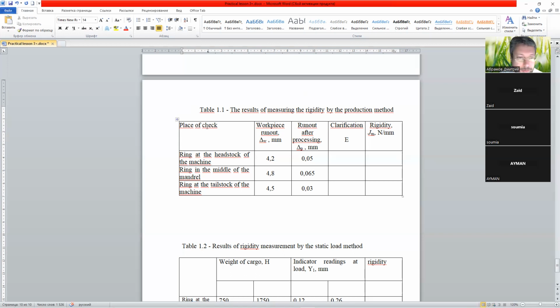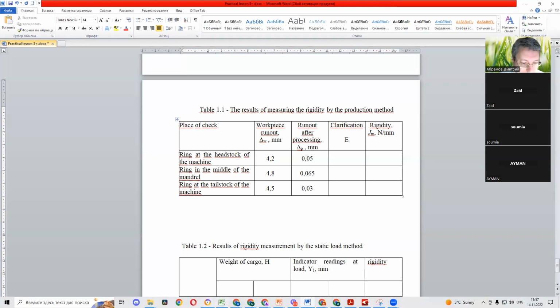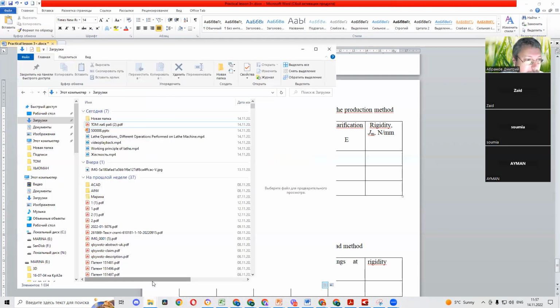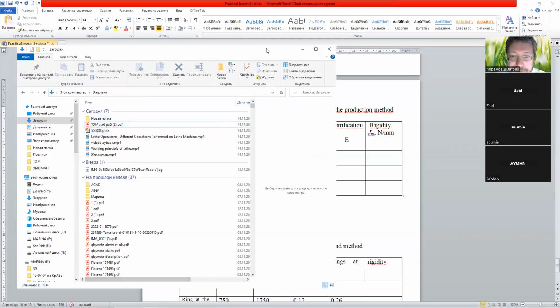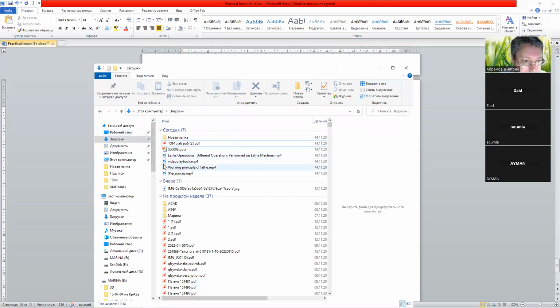While you are calculating, we can look at some video about the production method of finding rigidity of the machine.